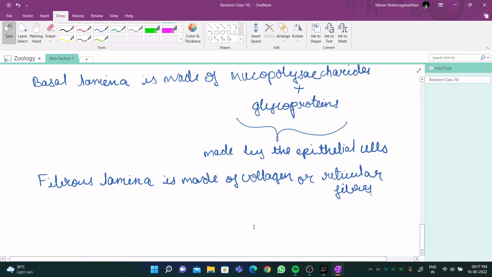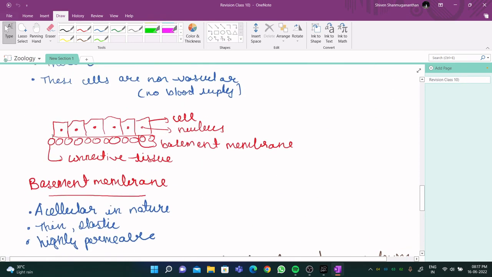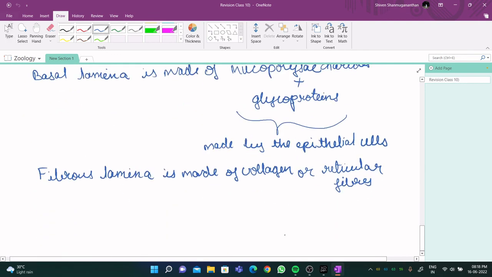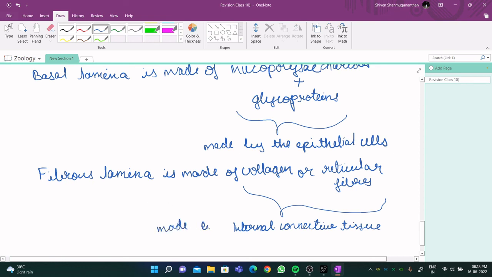Now, this is made by the internal connective tissue, which we saw here, these little circles. Let me write this a bit closer together.